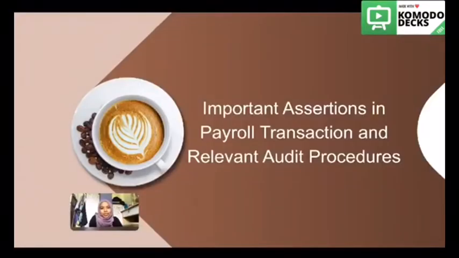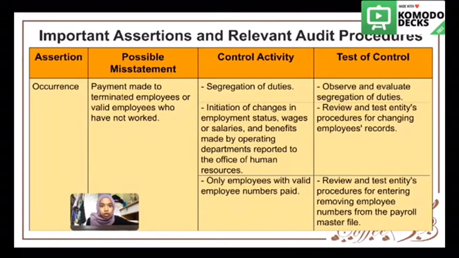I am Nurul Fathanah and I will continue with important assertions in payroll transaction and relevant audit procedures. Okay, the first assertion is occurrence. Possible misstatement is payment made to terminated employees or fictitious employees who have not worked.